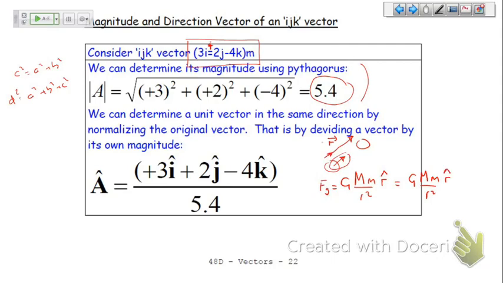And the way I'd get that is I'd say F g is equal to big G, big M, little m over r squared, times the original vector, the displacement I got here, divided by its own magnitude. And its own magnitude we call r. So you can see how you learn to work with unit vectors, and you're going to use them throughout. We'll have an expression for the magnitude of something, and we'll have another way of getting the unit vector. Okay, so that's where we're going.